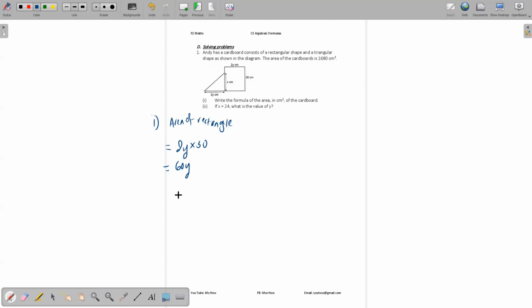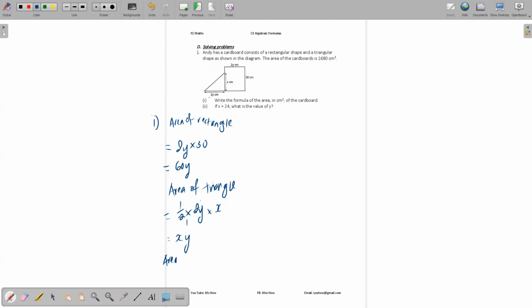Okay, how about the area of the triangle? The area of the triangle, we know, is 1 over 2 times your base. Your base here is 2y. Your height is x. So this one we can simplify no more. So we get xy.